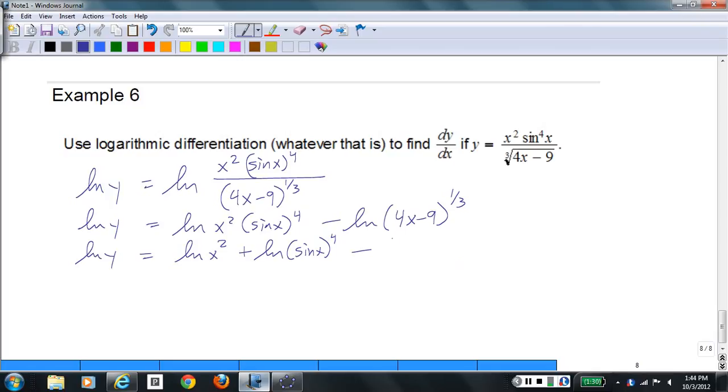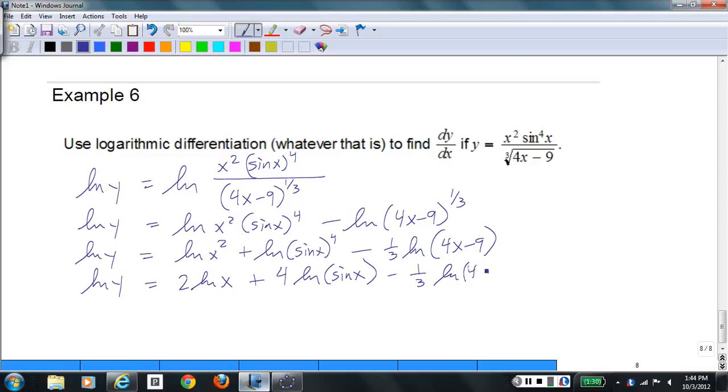So 1/3 times the natural log of the quantity 4x minus 9. And then as we did that, the 2 can come out in front, the 4 can come out in front. So natural log of y equals 2 natural log of x plus 4 natural log of sine x minus 1/3 natural log of 4x minus 9.